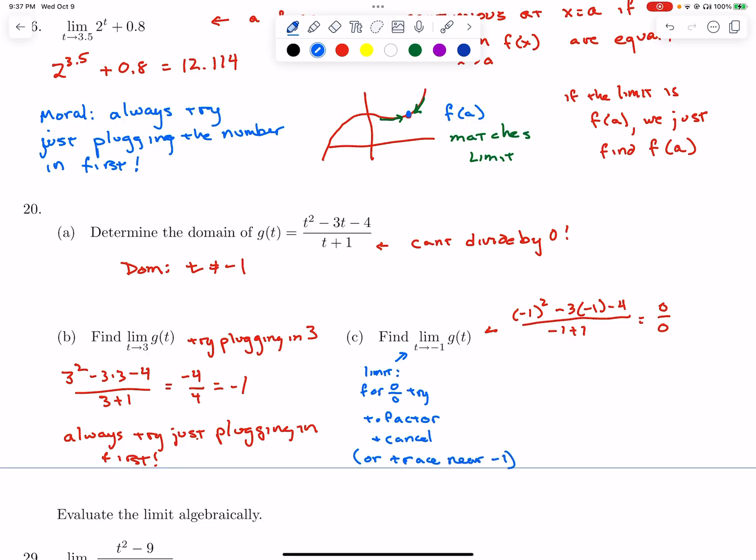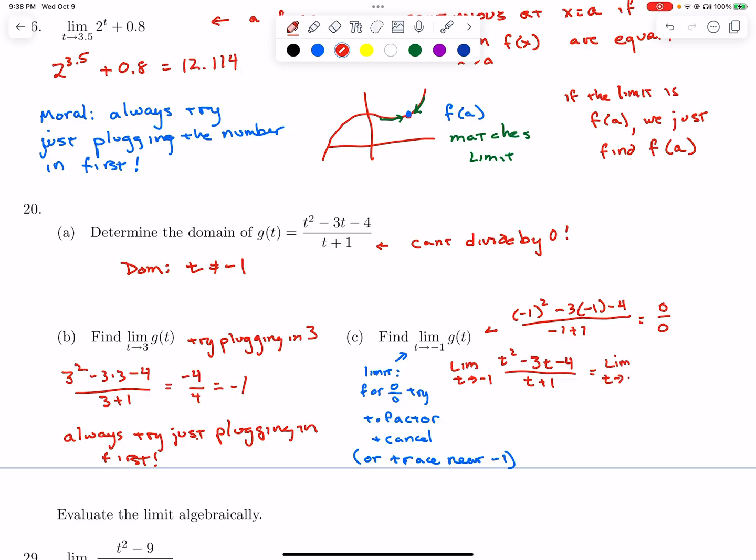Okay, so to do it algebraically, I'm just going to write down what we have here. We have to factor and cancel. Don't forget to write the weasel word limits.